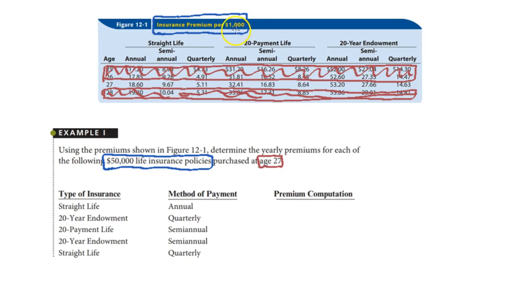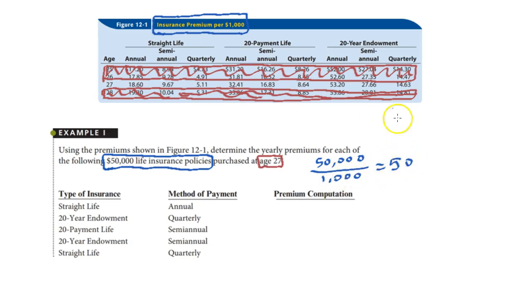If we had a $2,000 policy, it would be 2 times this. If we had a $3,000 policy, it would be 3 times this. If we had a $10,000 policy, it would be 10 times this. So $50,000 policy, 50,000 divided by 1,000, is equal to 50.